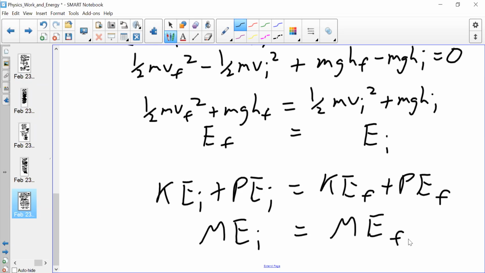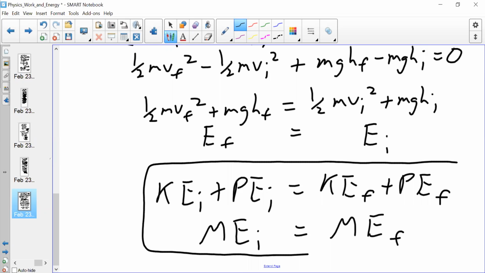And now we're ready to see some more examples. We looked at a couple yesterday using this relationship. So this is the fullness of energy conservation. The energy in the beginning is the energy in the end.